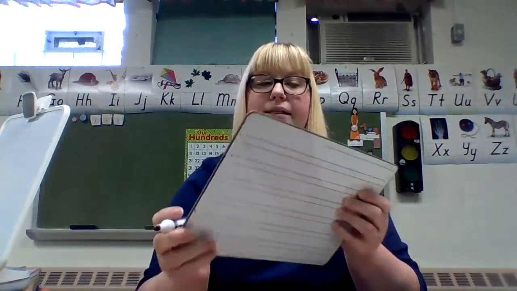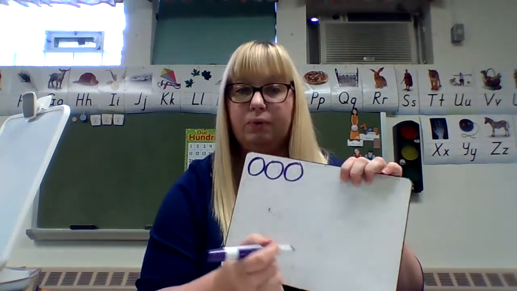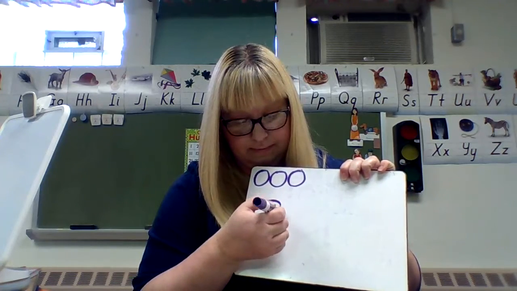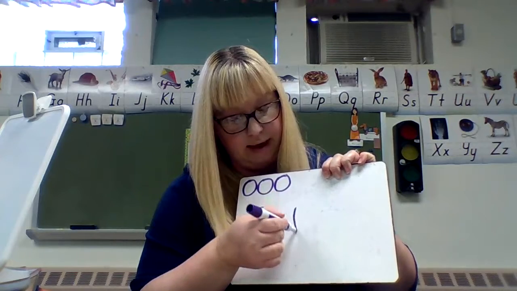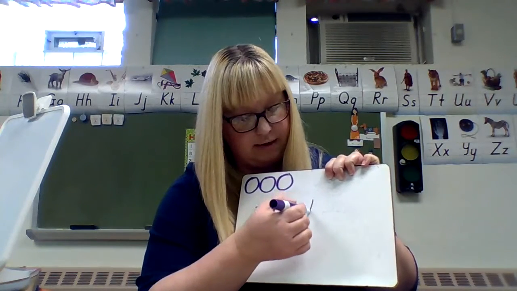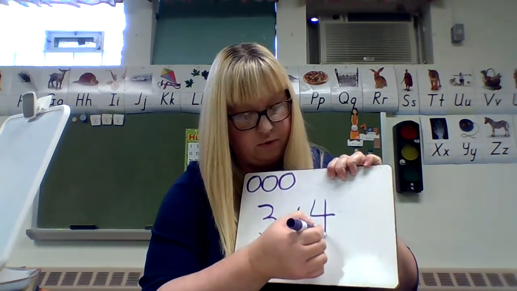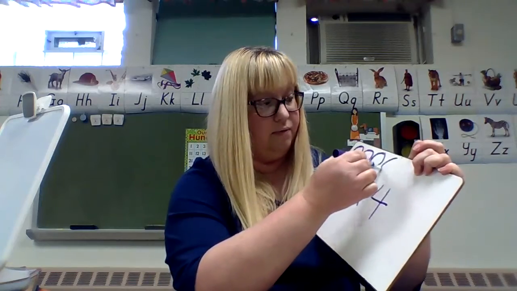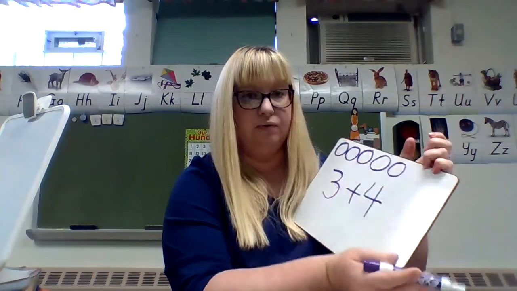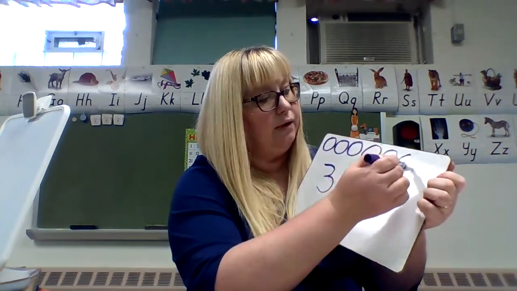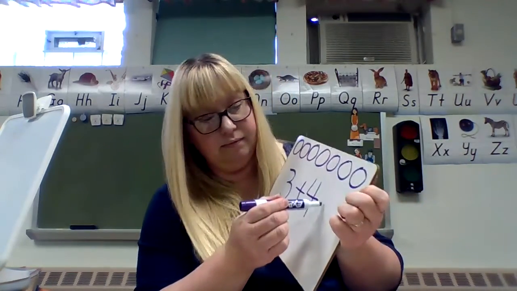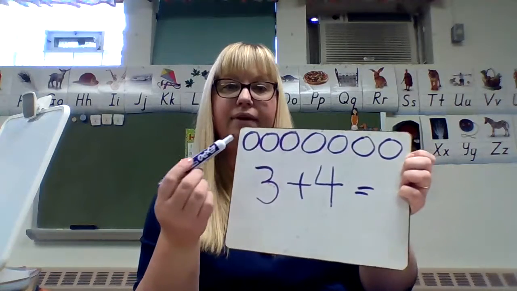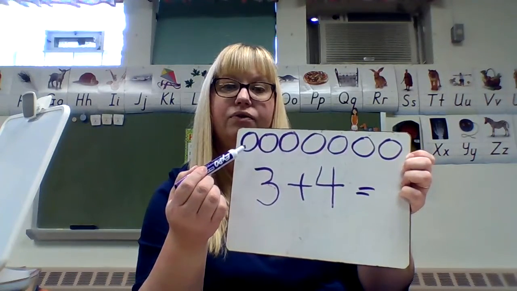So he bought 3 chocolate chip cookies. Then he went back to the store and he bought 4. So let's make 4 more. 1, 2, 3, 4 chocolate chip cookies. So how many does he have now? So 3 plus 4.